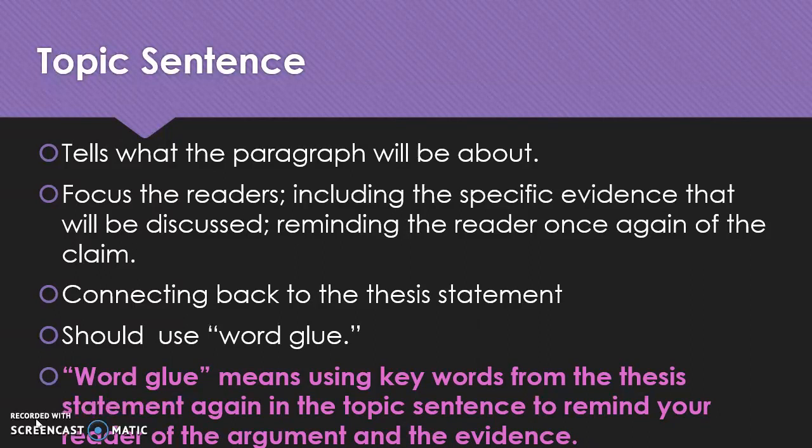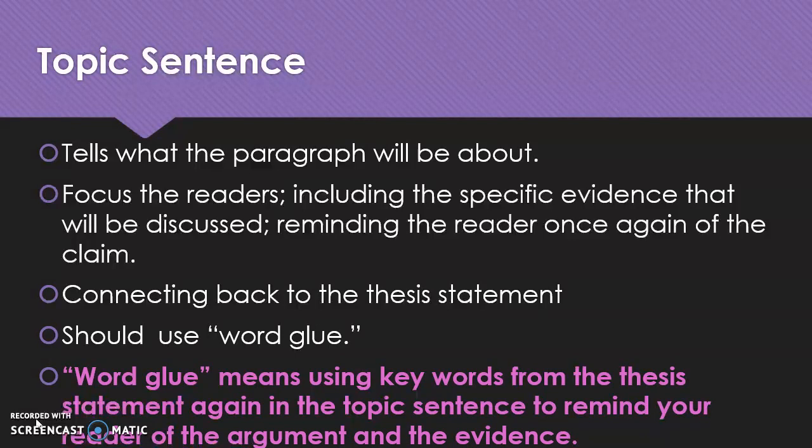So word glue is when you use key words from your thesis statement again in your topic sentence. And the purpose of doing that is to remind your reader of your argument and your evidence.